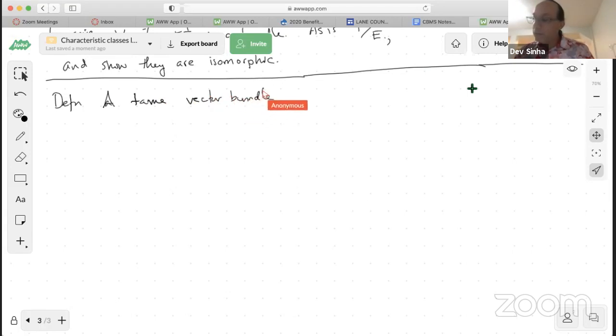I was choosing between terms such as good, small, sub-Euclidean, compact, embeddable, but I settled on tame. A tame vector bundle is one which is isomorphic to a subbundle of a trivial bundle. In other words, we can embed it in a trivial bundle.